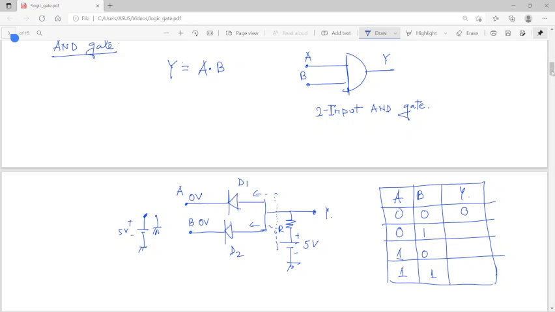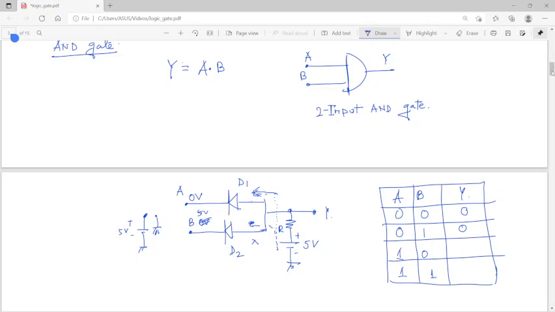Now you just see, when A is 0 and B is 5 volt, what will happen? Since this side is 5 and this point is also 5, no current will be flowing through D2, but the current will be flowing through D1 because D1 is forward biased. So no voltage will be found across this resistance because all the current passes through that.